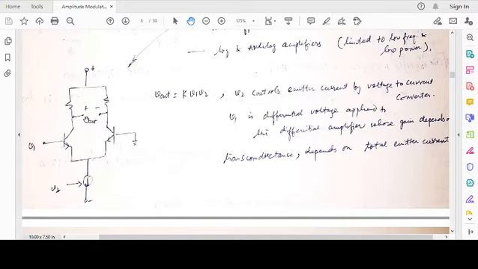So V out, when you take the output, is proportional to the product of V1 and V2. V2 provides the gain. This is relatively easy to implement at high frequency. Of course, you have to very carefully take the matching of the two transistors and parasitic coupling into account, and so on and so forth. But this is one of the preferable methods.